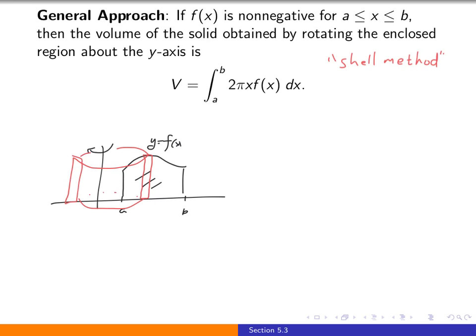And in this cylindrical shell, we're thinking of the x as representing the radius, and we're thinking of the function value, f of x, as representing the height. So really, we draw a general cylindrical shell, and the x is representing its radius, and the f of x is representing its height.